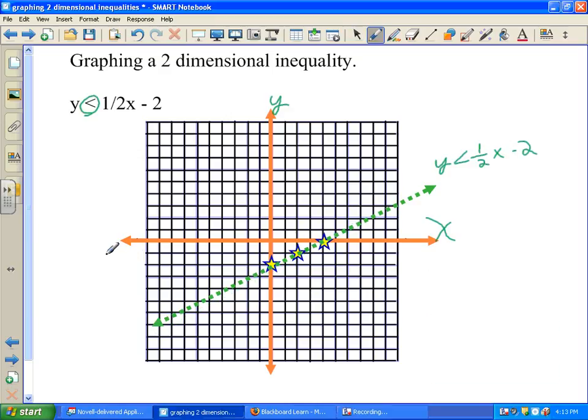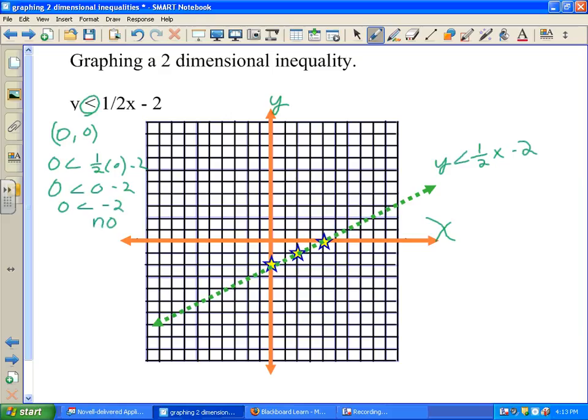I've labeled the x and y axis as well as the equation. I'm going to take a point, and I'm always going to take 0, 0, as long as the line doesn't go through it. I'm going to say, is 0 less than 1/2 times 0 minus 2? Is 0 less than 0 minus 2? Is 0 less than -2?